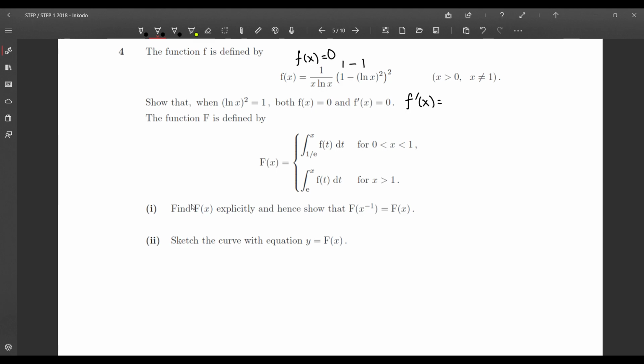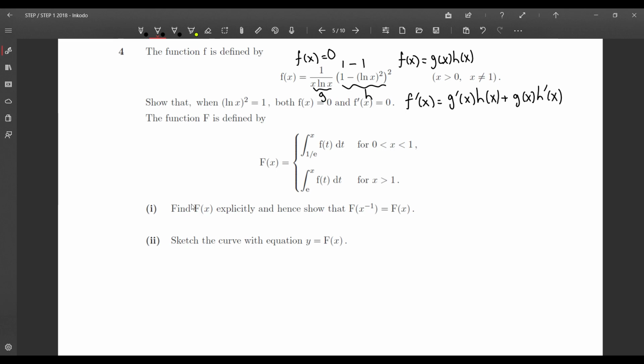let's momentarily call f of x g of x times h of x, where this is g and this is h. So f prime of x by the product rule is g prime of x h plus g of x h prime of x.